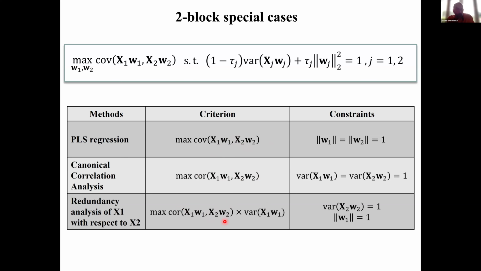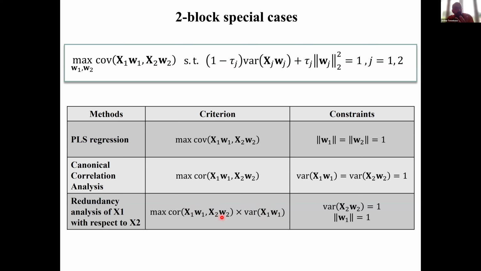In the last one, in this optimization problem, you see that the variance of the component is present in the criterion for the block component associated to X1. So you are doing a kind of PCA criterion. But you also force the component associated to X1 to be correlated to the component associated to X2.